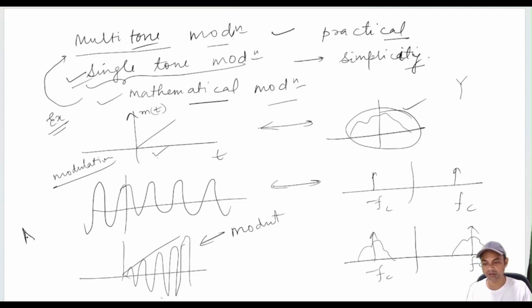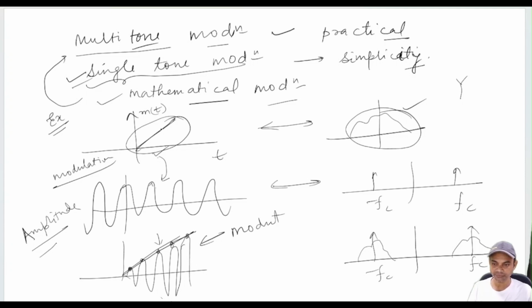This is actually called amplitude modulation. We will see later the definition of amplitude modulation. Here we have to understand that we are just superimposing our message onto one of the characteristics of the carrier. Here we are using amplitude. Just take the peak points of this modulated signal, and we will get the message signal.